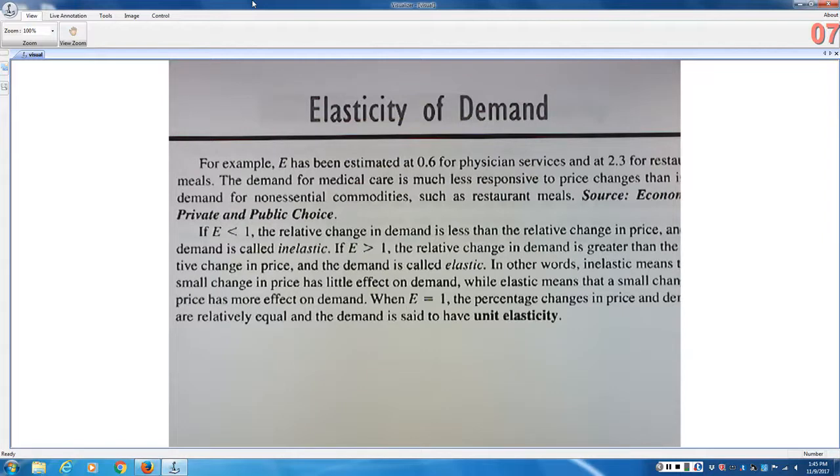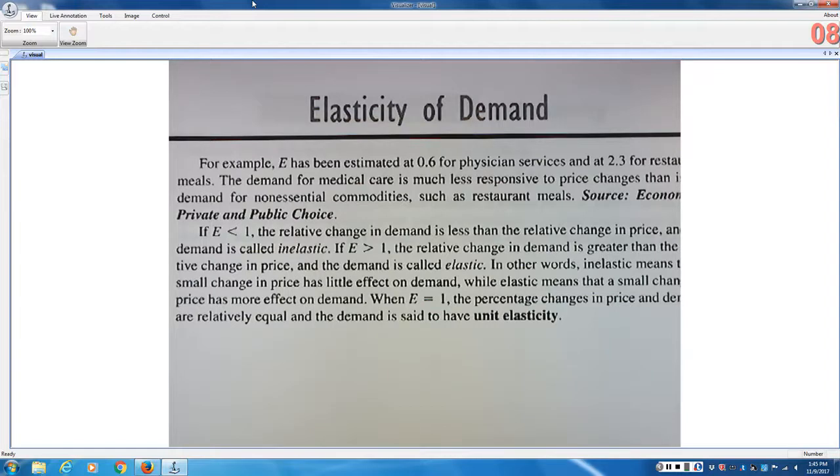You have to go to the doctor. So your elasticity of demand for physician services is inelastic, because you have to go to the doctor. Changing the price doesn't change your need to go to the doctor.